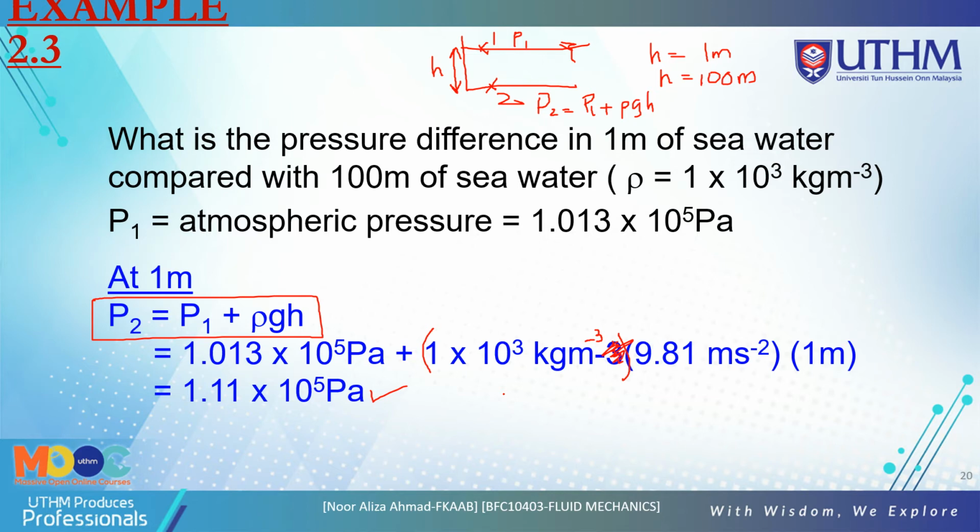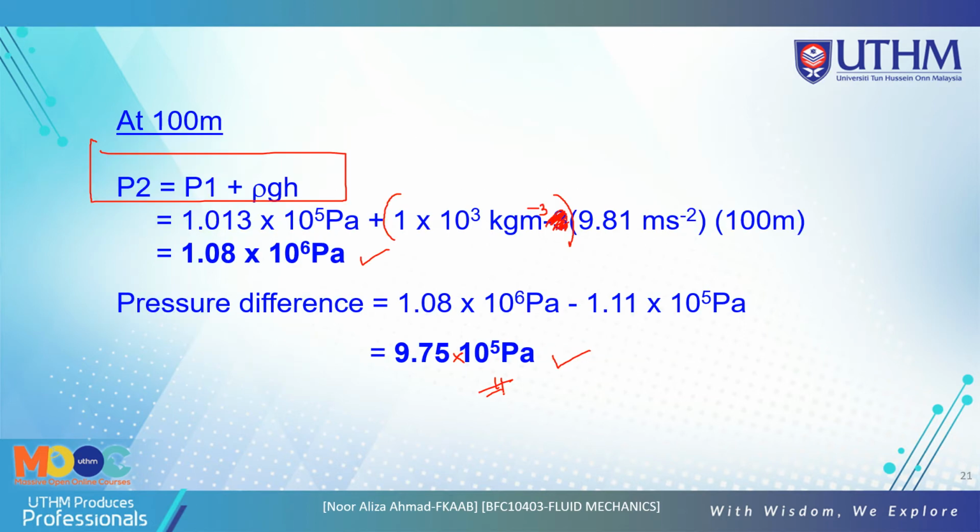Maybe 2 or 2.5 marks for the calculation at 1 meter, and 3 marks for the other, so 6 marks for this question only. They have step by step, so you study again and calculate again for this question.